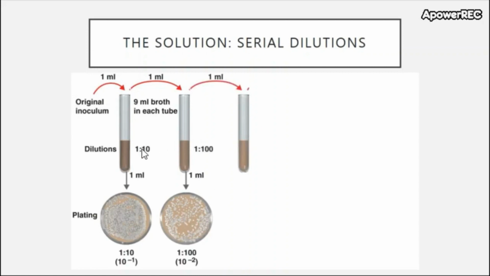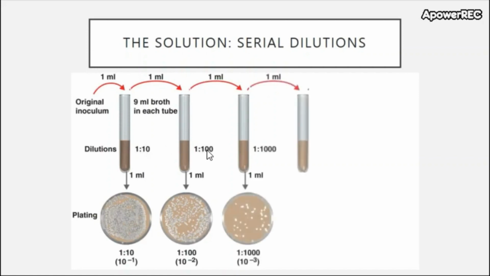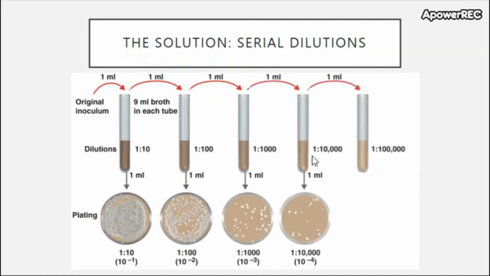So as you can see, we can go from a 1 to 10 dilution to a 1 to 100 dilution to a 1 to 1,000 dilution, a 1 to 10,000 dilution, and then our last one was a 1 to 100,000 dilution.